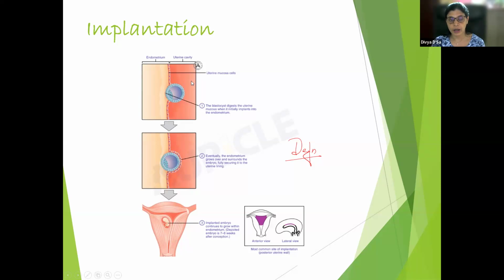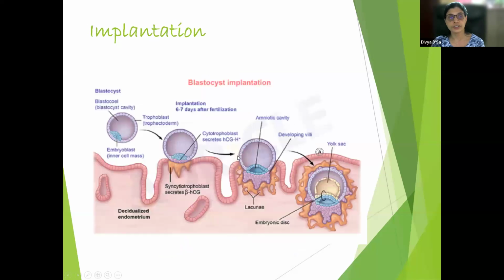How does the process of implantation take place? Initially, the blastocyst is covered by a layer, the zona pellucida. Why is it covered until the time of implantation? Because the zona pellucida prevents ectopic pregnancy.